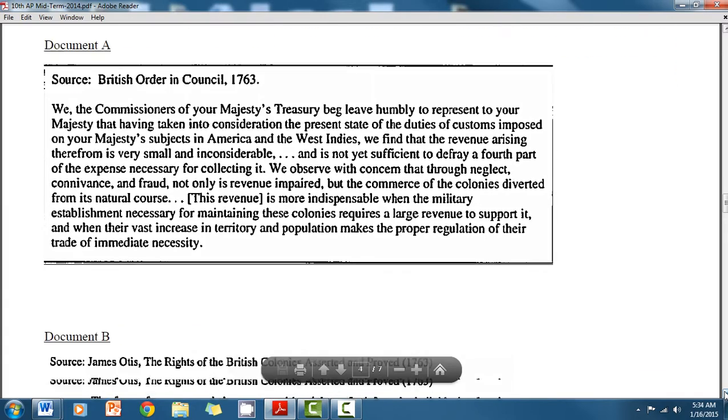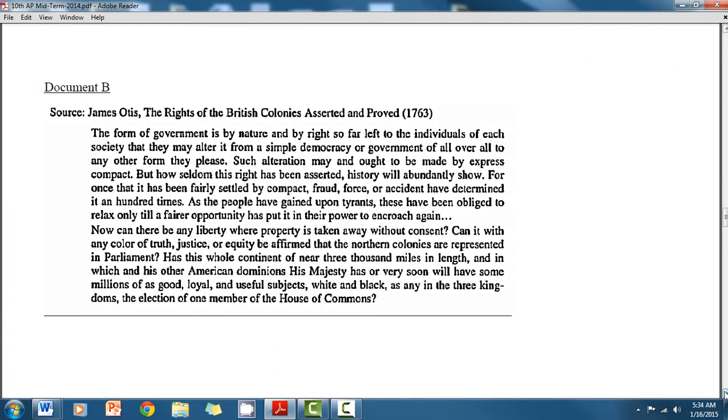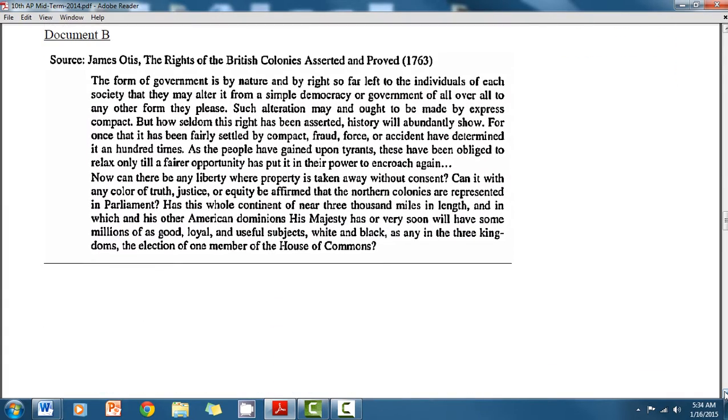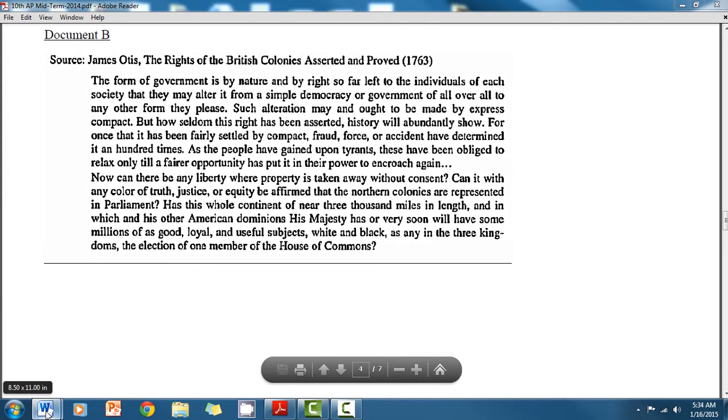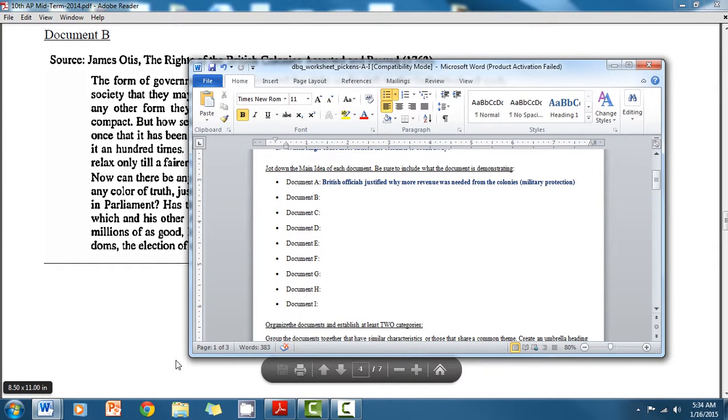So document B here is a document by James Otis, and he's the guy who's given credit for coining the phrase no taxation without representation. When you read through his document, obviously you know he's going to be a defender of colonial authority and against British rule.